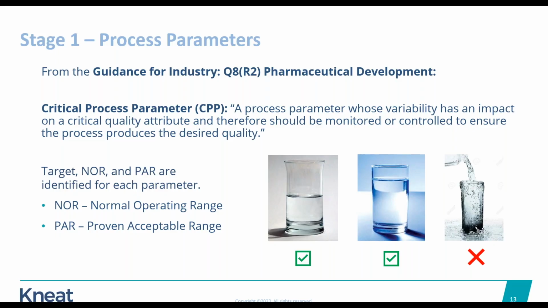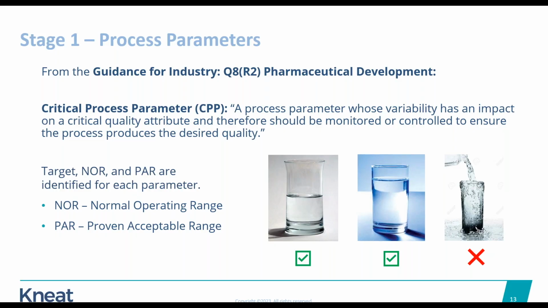And then the last example with the red X under it is if we go over the proven acceptable range. So if you've ever spilled something in your kitchen, you can imagine how messy this might get. So at this point, we no longer have data to prove that the drug is okay. We're going over the proven acceptable range, and your batch is probably going to need aborted at this point, and you might lose a lot of money.